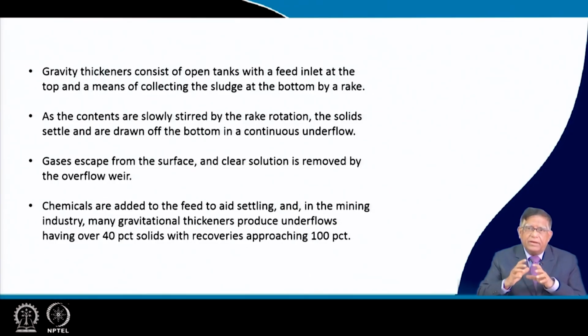You keep a gate at the bottom so that it is closed. You allow time for settling, and then the settling takes place. Sometimes you add a coagulator so that the particles settle quickly. The efficiency of a thickener depends on how little time it takes to separate them out.